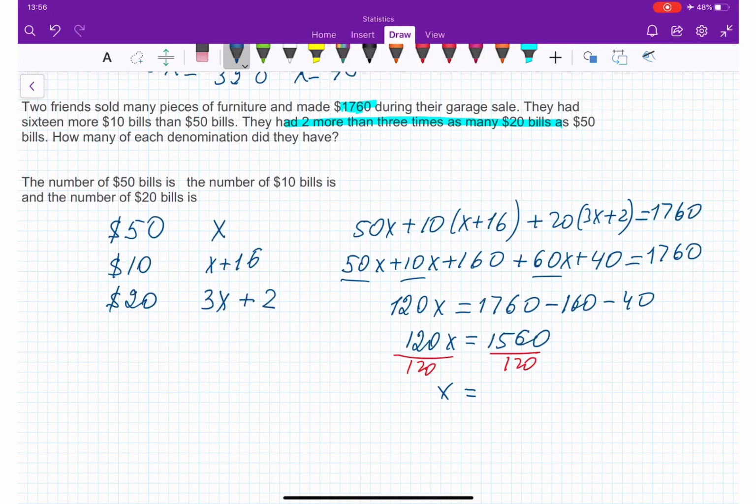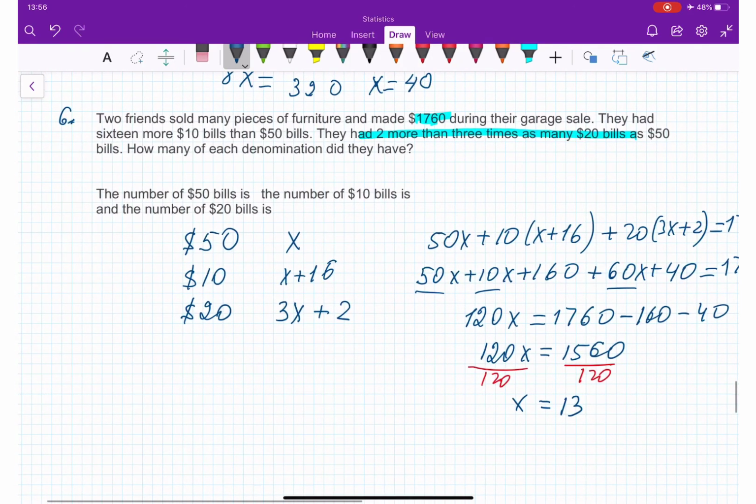So x is equal to 13. That means we have 13 pieces of $50 bills.